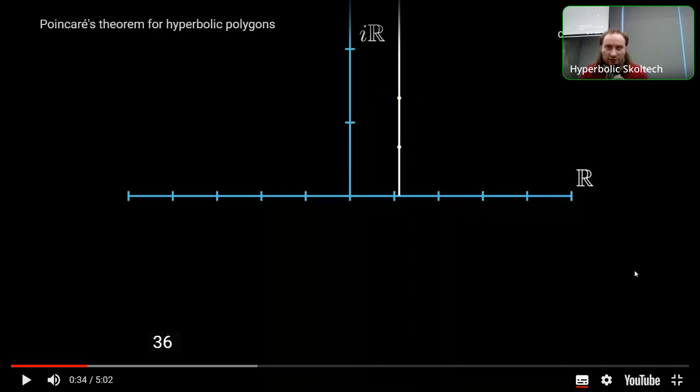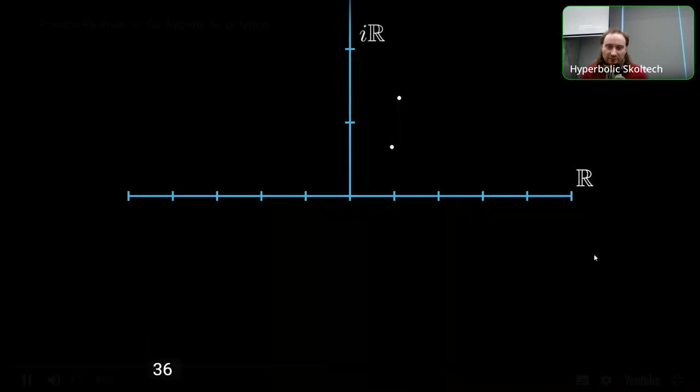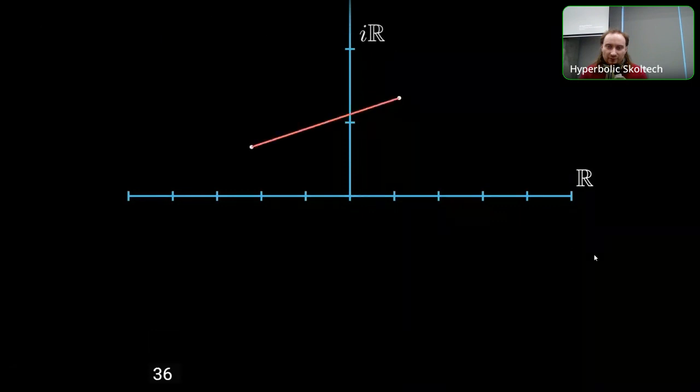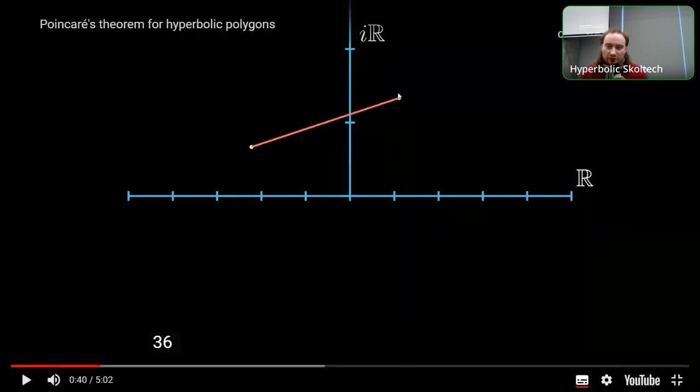So let me repeat what he's saying. He is simply saying that here a straight line is just vertical for the upper half plane model, when the points have the same axis. However, when they don't have the same axis, the shortest path is not a straight line segment but an arc of a circle, an arc of a semicircle meeting our three points.